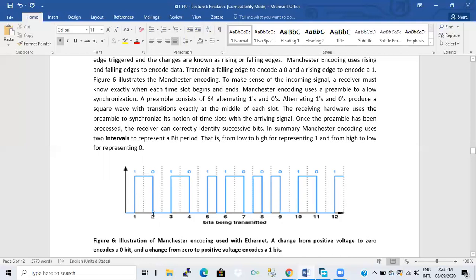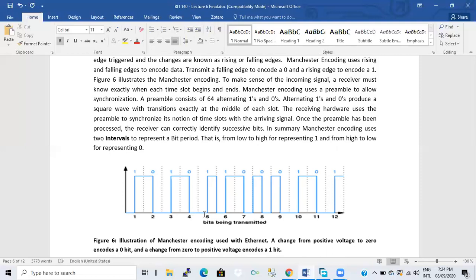You remember in RS 232, we are using positive 5 to positive 15 to represent a 0, negative 5 to negative 15 to represent a 1. So in this scheme, you use the rising edge to represent a 1 and the falling edge to represent a 0. Another rising edge to represent a 1, a falling edge to represent a 0, just like that. Okay. So Manchester encoding uses rising and falling edges to encode data.